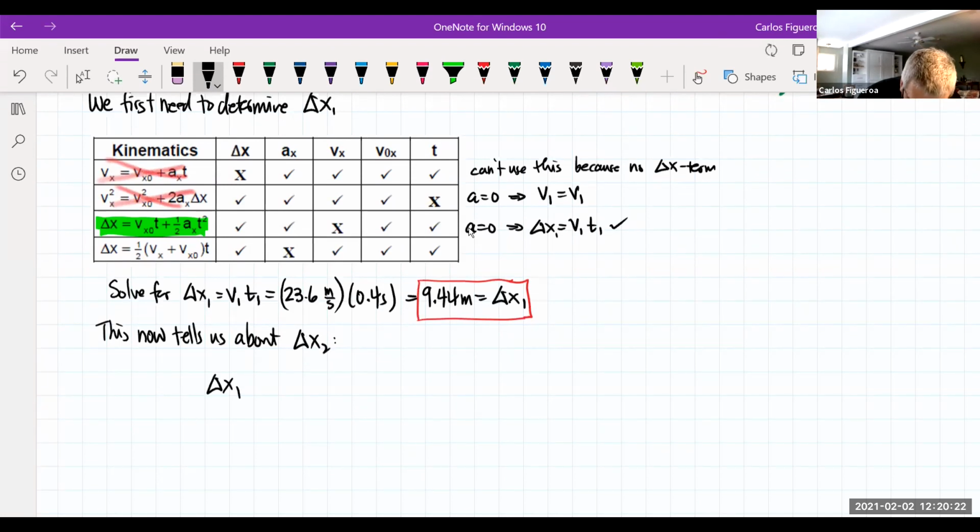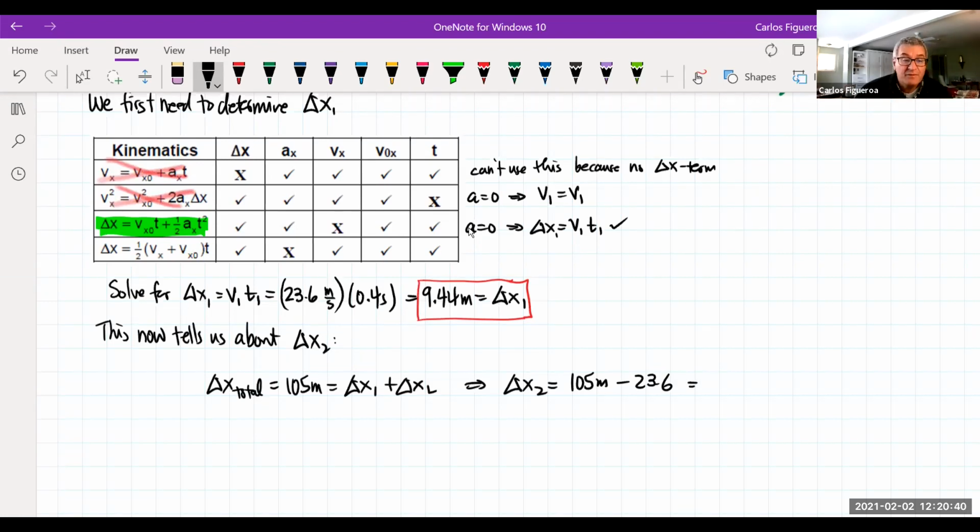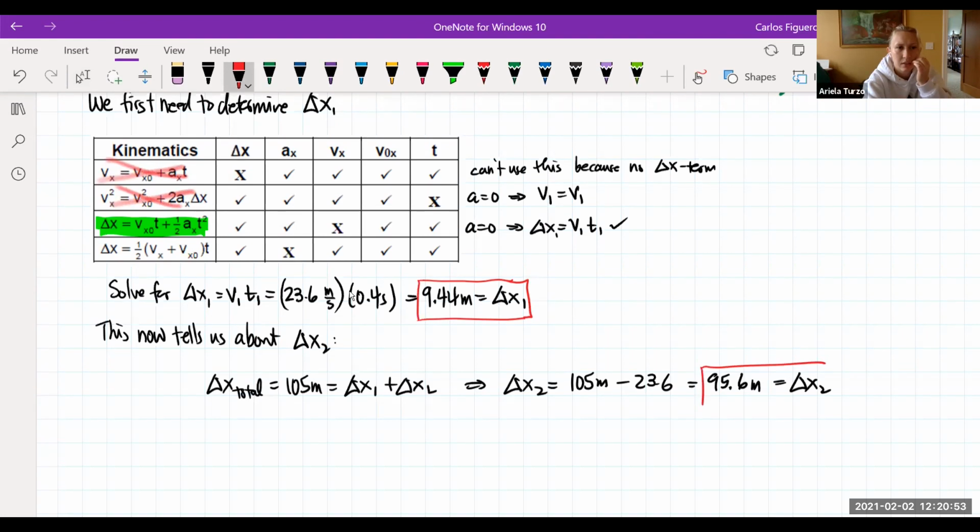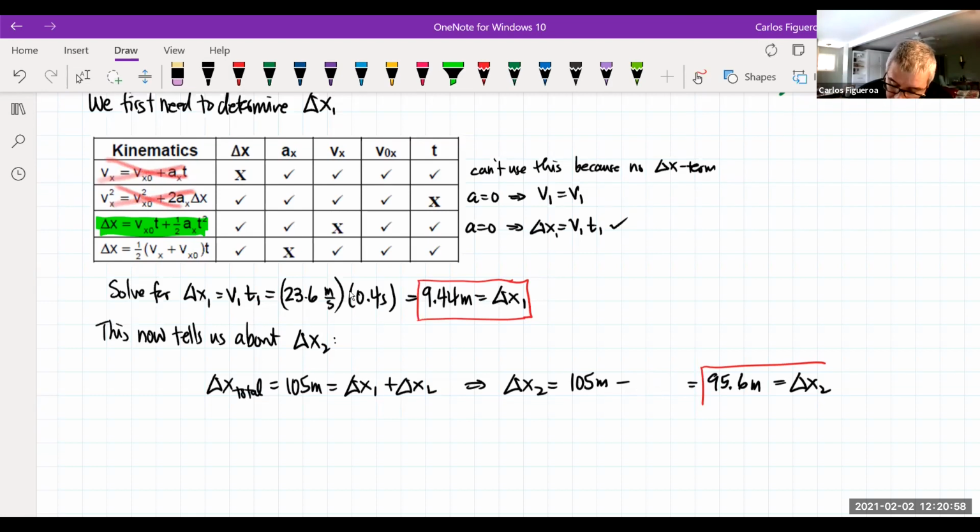Because we know that delta x total is 105 meters, and we know from our picture that it's got to be the sum of these two, this should be 105 meters minus 9.44, which is going to give me a distance of 95.6 meters. And that's my distance delta x2. Isn't the 23.6 the velocity? Oh, yes, I'm 9.4, sorry about that. Okay.